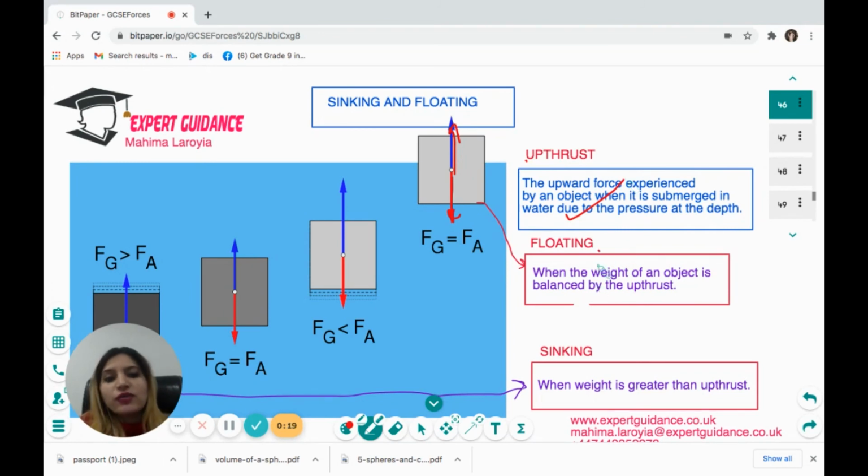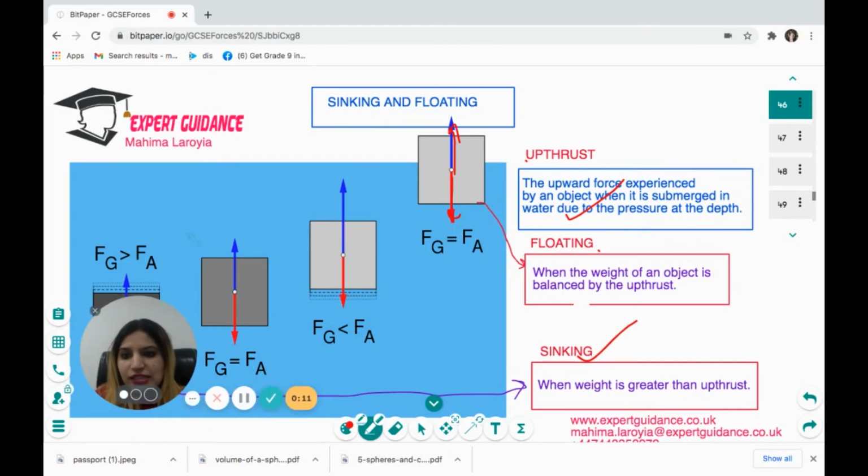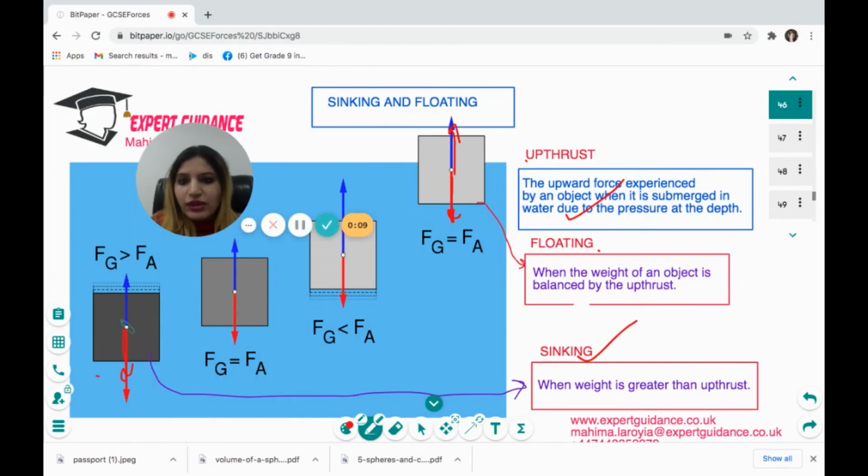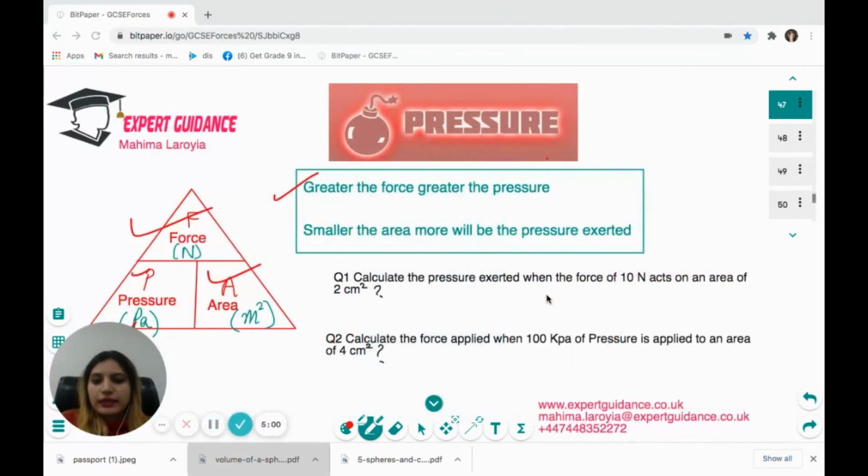Floating is when the weight of an object is balanced by the upthrust, and when the weight is greater than the upthrust, the object sinks. So in this case here, the weight is more than the upthrust, the body is sinking. Here it is floating because upthrust and weight are balanced, and here the upthrust is more, so the upward force is more.